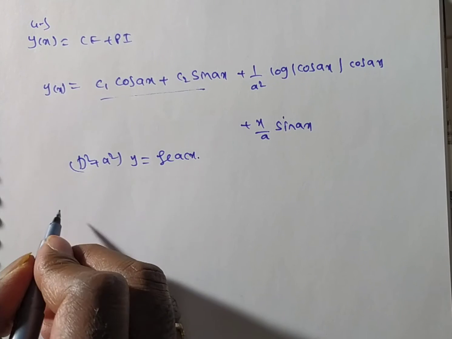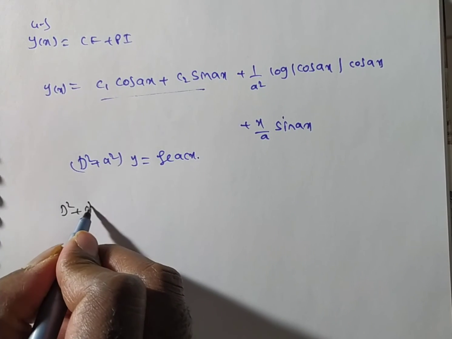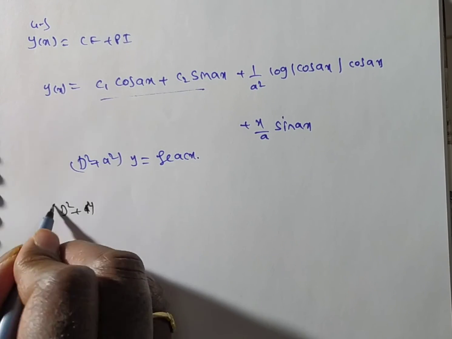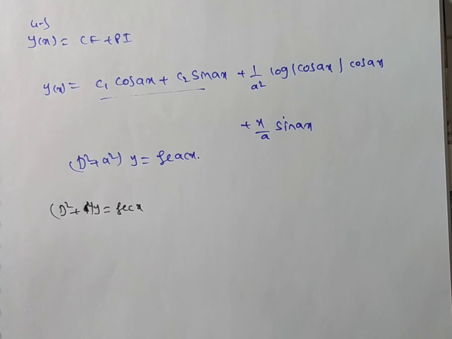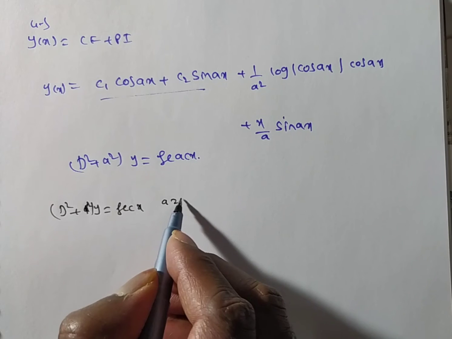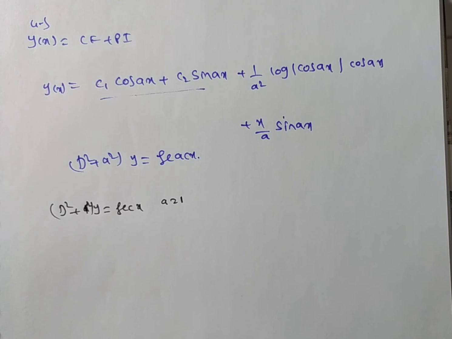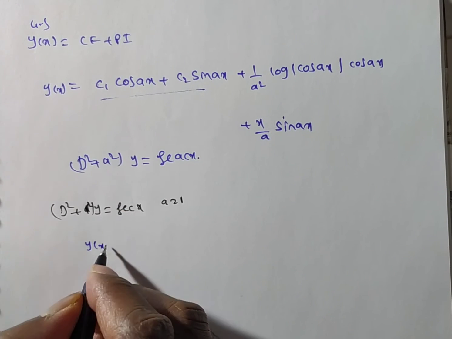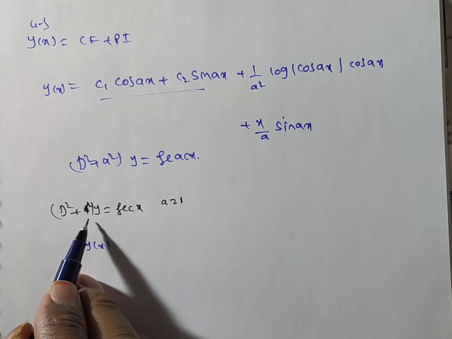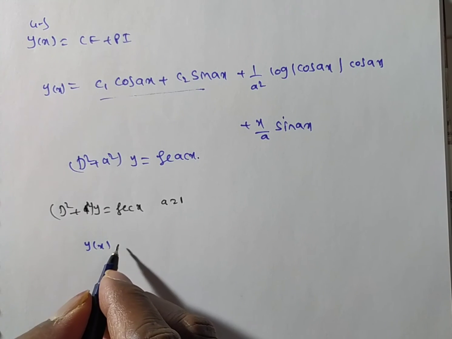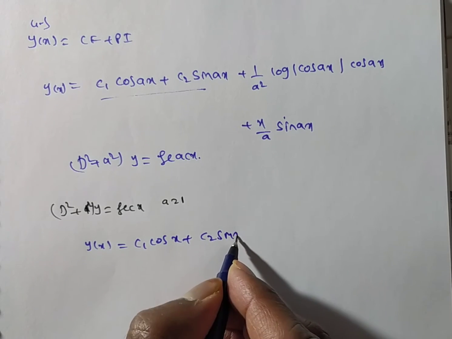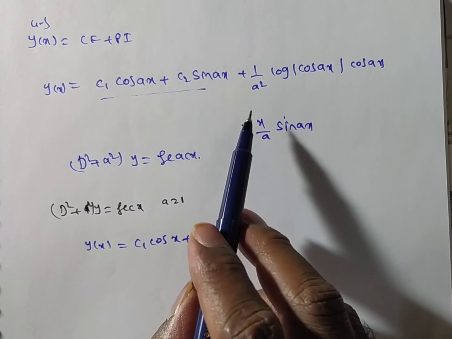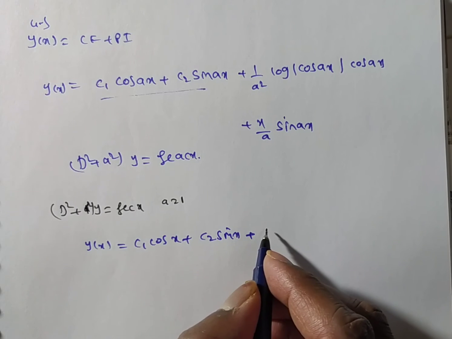But the second problem, what are they given? d square plus 1 into y is equal to secant x they are given. Yes or no? So in place of a, what do I have? a is equal to 1. If you substitute a is equal to 1, then the general solution for d square plus 1 into y is equal to secant x, you will have c1 cos x plus c2 sin x plus 1 by a square. 1 by a square means 1 by 1, and 1 by 1 means 1 only.